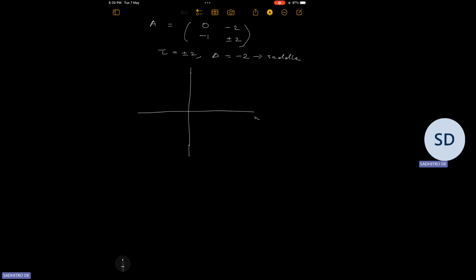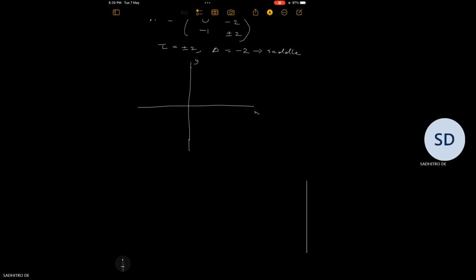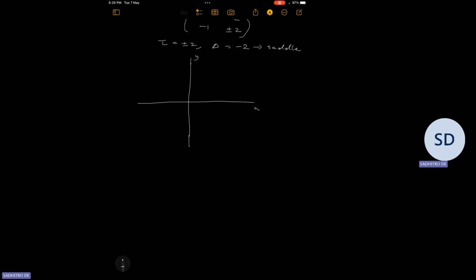So this is x, y. So the origin is a center. There is a fixed point over here, which is a saddle, and the fixed point over here, which is another saddle. Okay.